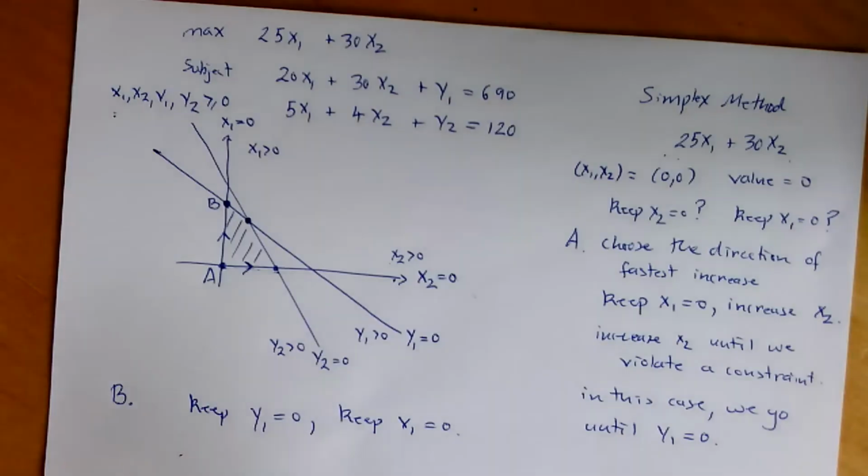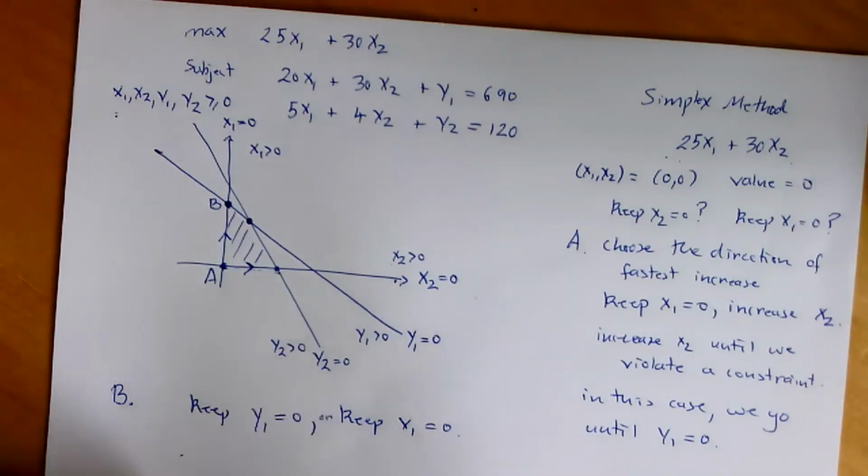I'm thinking about x1 and y1 as now being my coordinate axes, if you like. Keeping one of those variables, slack variables or decision variables, at 0 means I'm forcing myself to be on the boundary.